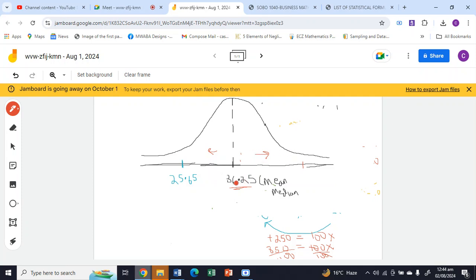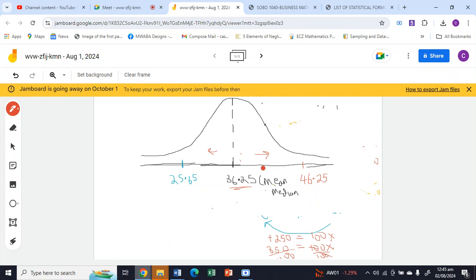So on the right, 36.25 plus 10.66, that's the standard deviation. 46.25. You're adding the standard deviation.